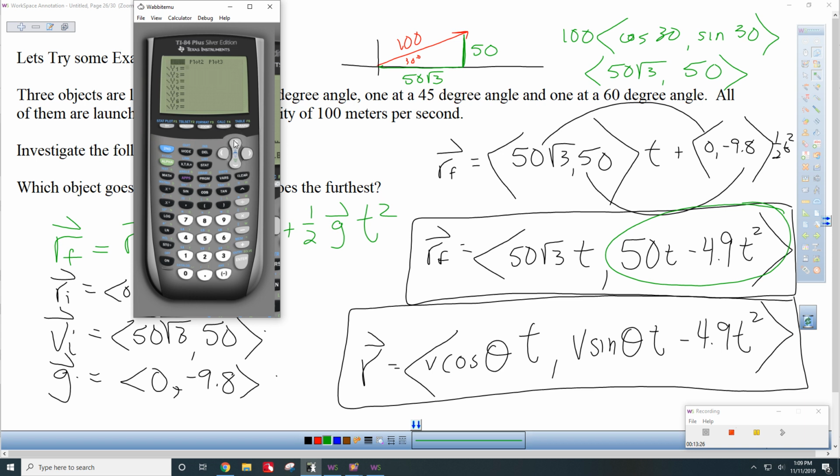I will get, for the first one, 50x minus 4.9x squared. Let me graph that thing. Alright, that's what it looks like. I've already fixed my window, which is why the last video wasn't very good. Now let me scroll down here.